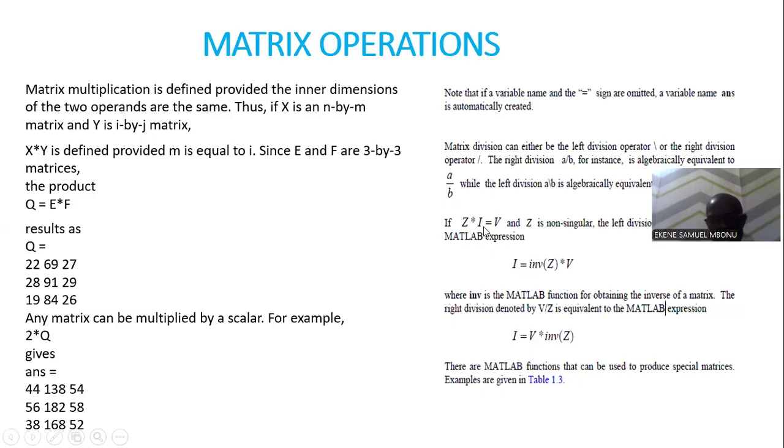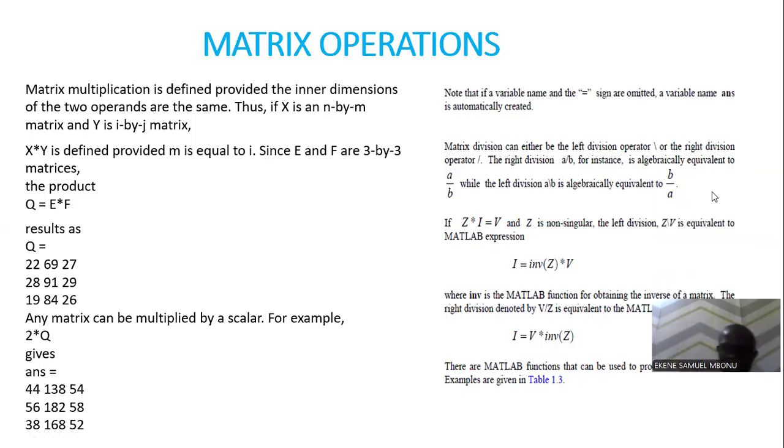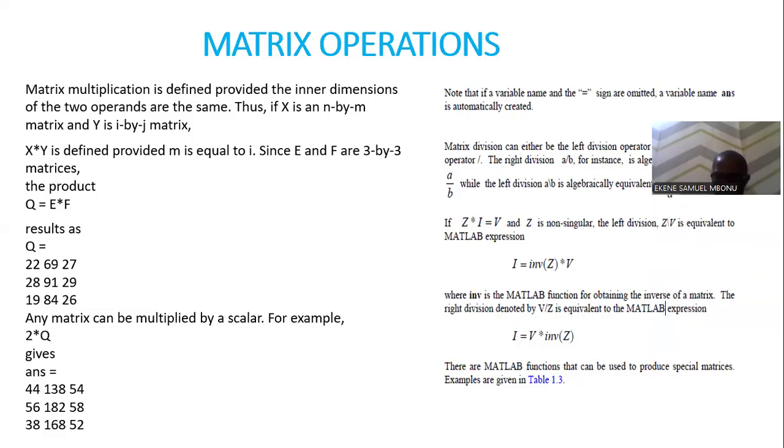If Z times I is equal to V and Z is non-singular, the left division Z\V is equivalent to the Matlab expression I = inverse of Z multiplied by V, and the right division denoted by V/Z is equivalent to the Matlab expression I = V times inverse of Z. These two expressions are not the same thing.